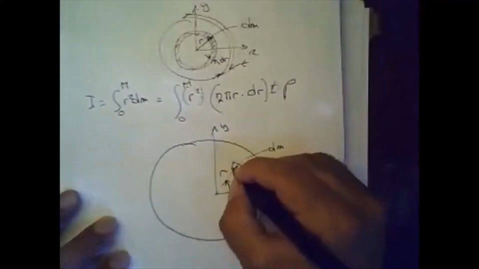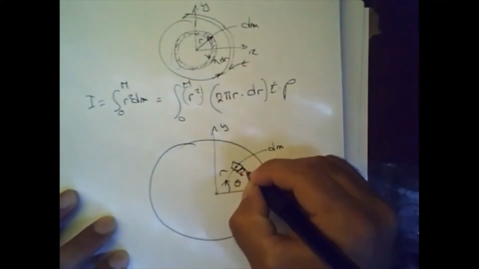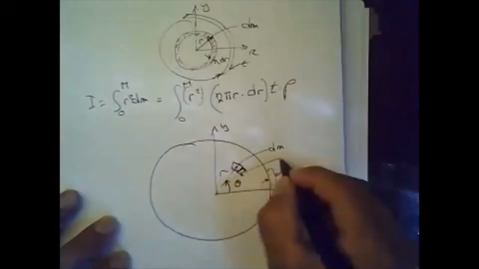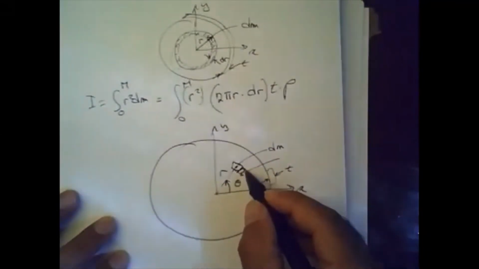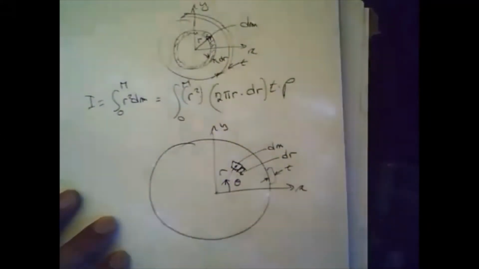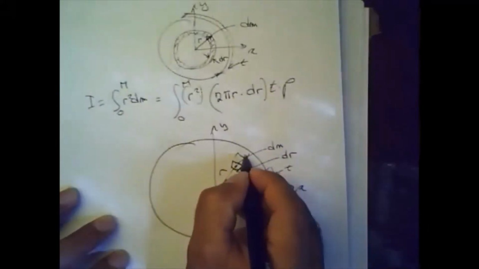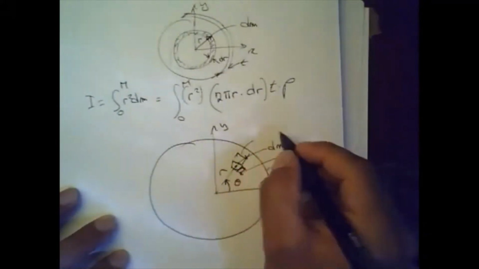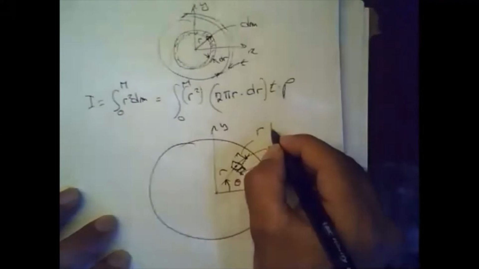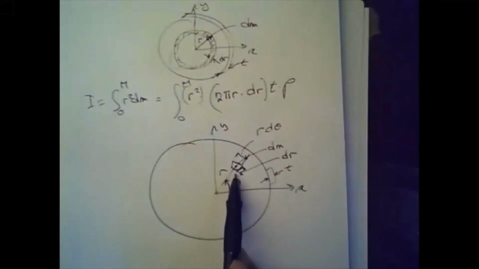If this is r, then what do you think is the value of this depth right there? I think this would be dr. And this length from here to here is going to be r d theta. So if this is r, this is going to be r d theta.